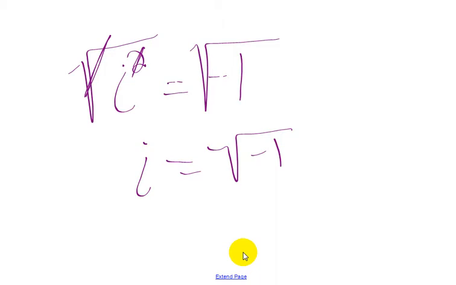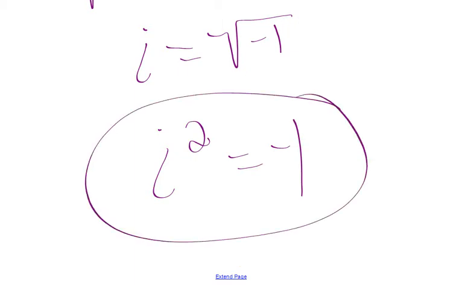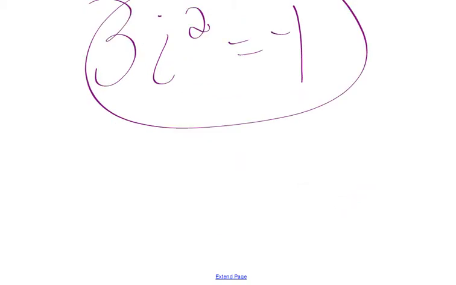But now we're going to introduce this little concept of an imaginary number that says whatever this little thing is, when I square it, I get a -1. That's our new rule, and that's called an imaginary number. So the two things you need to remember is i squared equals -1. So when you end up with a 3i squared, what's that going to simplify to?